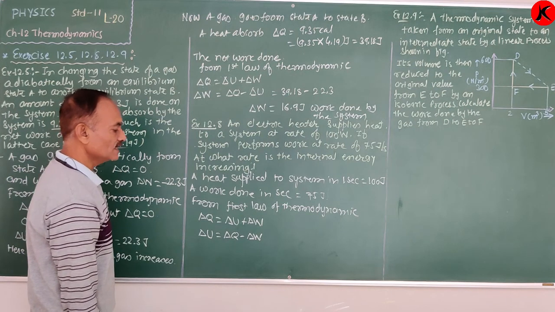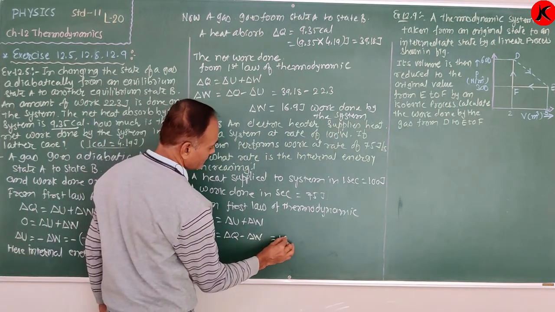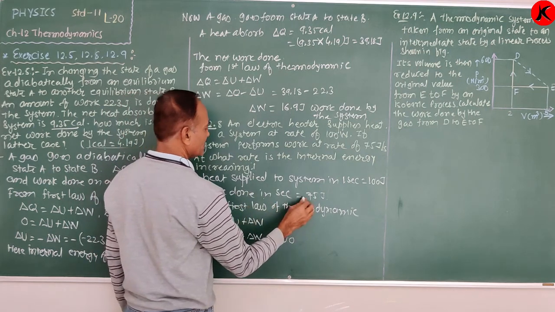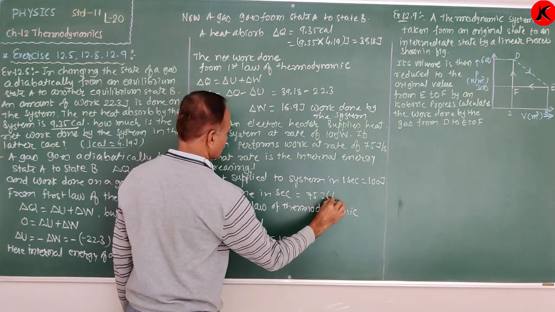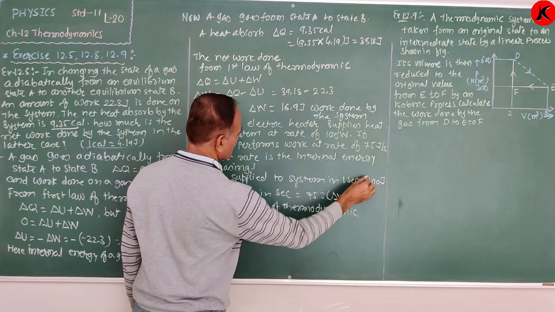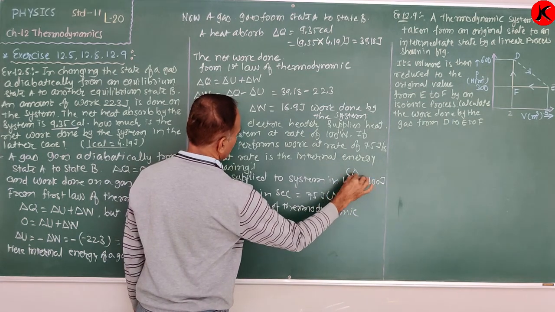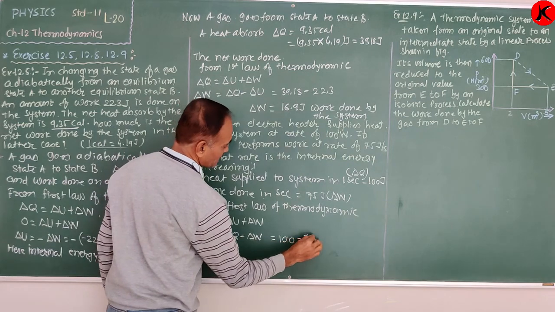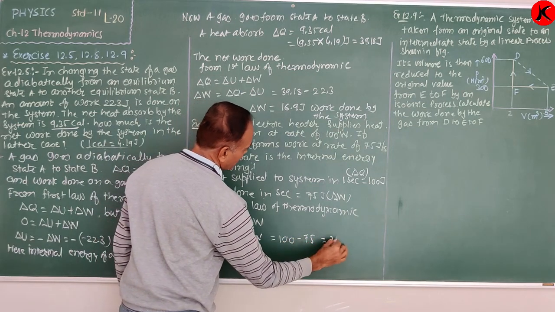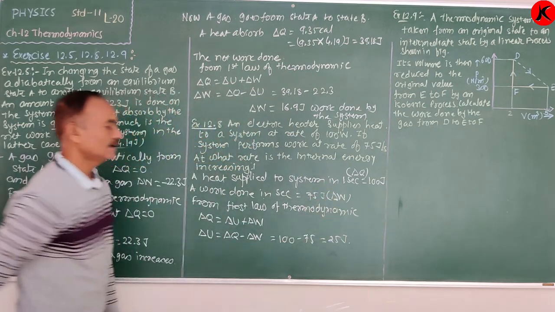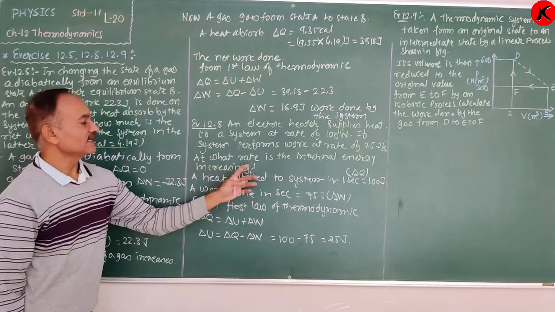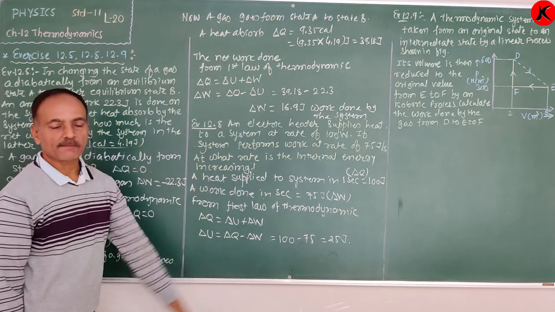Delta Q is equal to 100, and the work done is our delta W, and the heat supplied is our delta Q. So 100 minus 75, that means 25 joule. Therefore, the internal energy increase in 1 second is 25 joule.